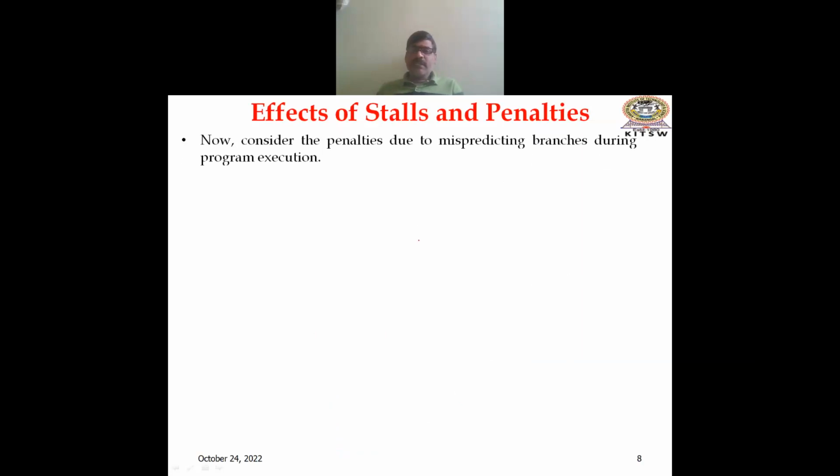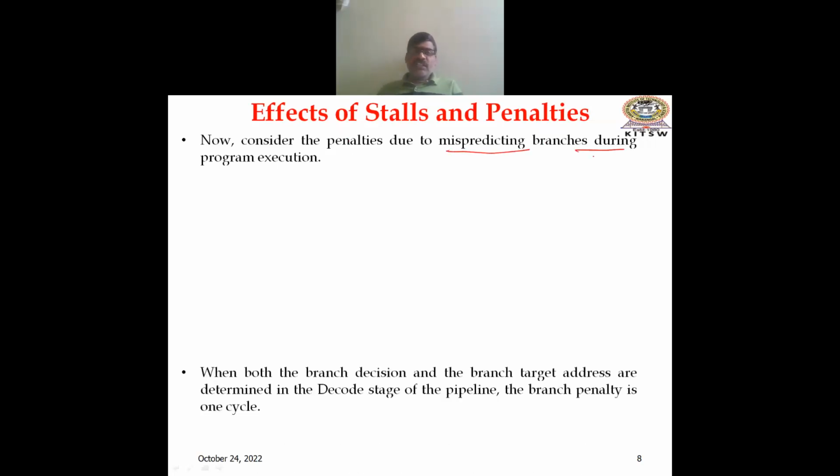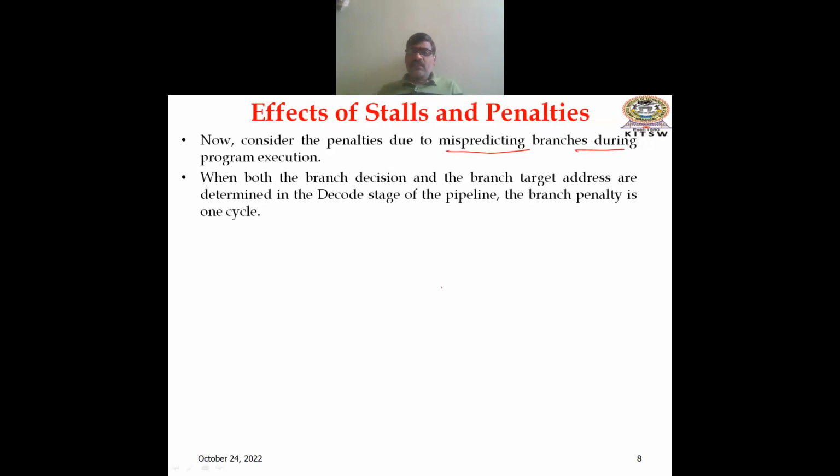Now consider the penalties due to mispredicting branches during program execution. So when both the branch decision and branch target addresses are determined in the decode stage of the pipeline, the branch penalty is one cycle.